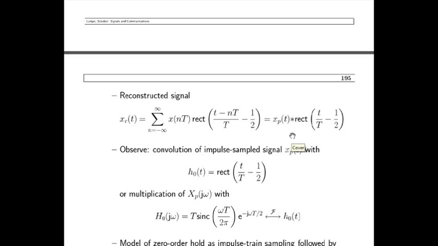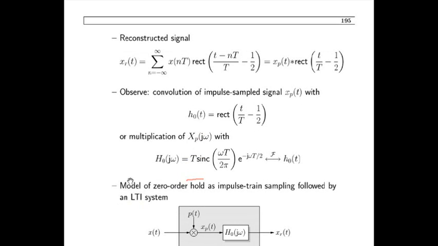For zero order hold interpolation, the impulse response is represented by h0 of t, which is equal to rect of t upon T minus 1 by 2. If I want to see it in the frequency domain, I first Fourier transform h0 of t, which gives H0 of j omega, equal to T sin of omega T upon 2 pi, times e to the power minus j omega T by 2.